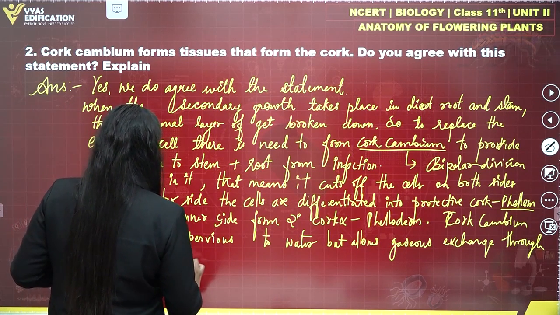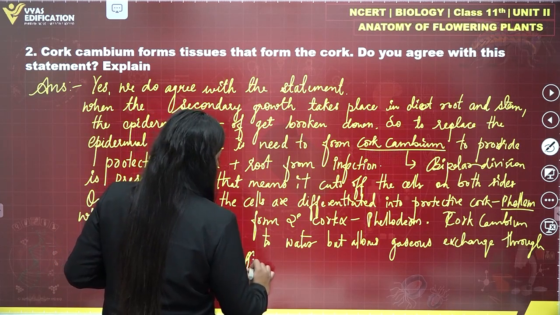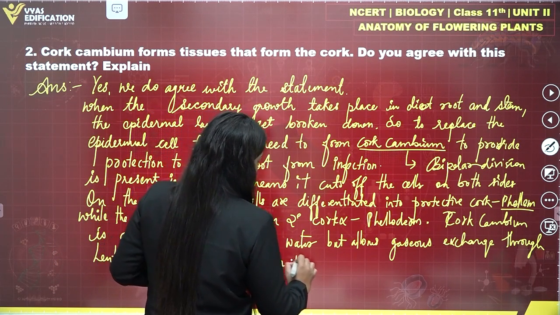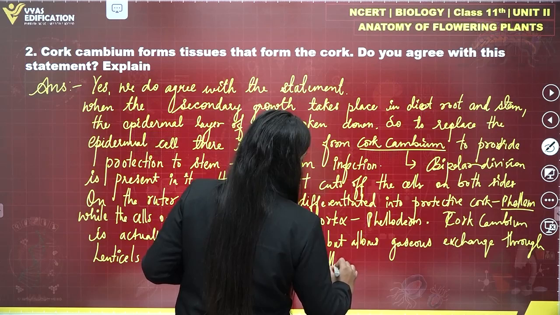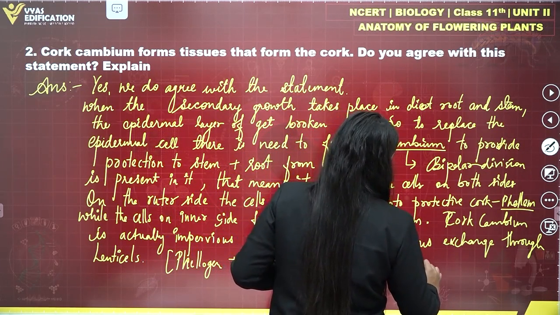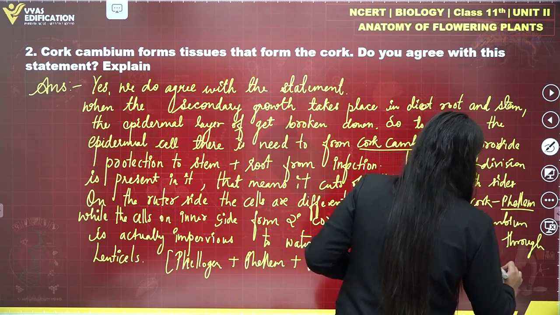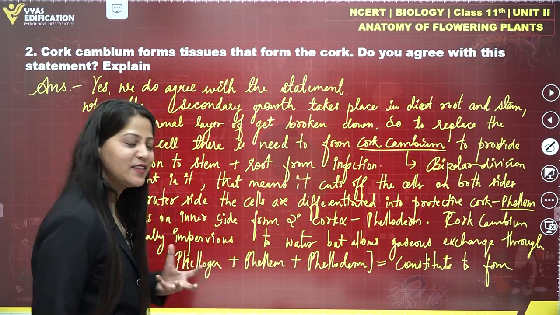Now, this phellem plus phellogen and phelloderm, all these constitute to form a new layer which is known as periderm.